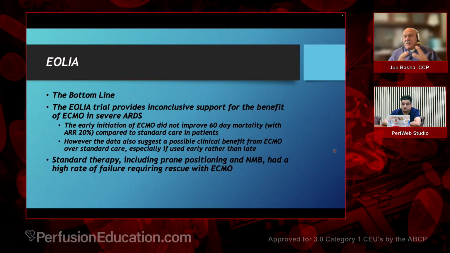So they did not believe a 20% risk reduction was sufficient, but if you do it earlier, your outcomes definitely are better. So we get into that same thing that I started from the very beginning with: you're damned if you do, you're damned if you don't. But compared to standard therapy, including prone positioning and neuromuscular blockade, it had a higher rate of failure requiring rescue with ECMO.